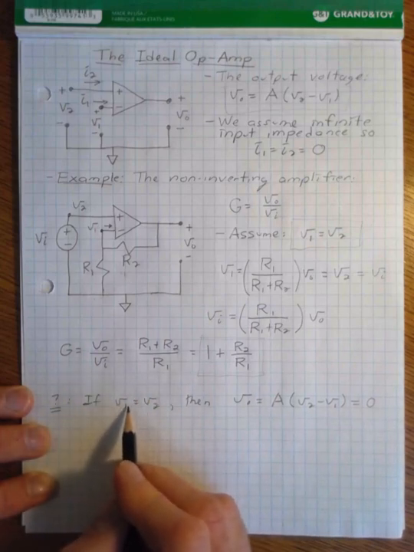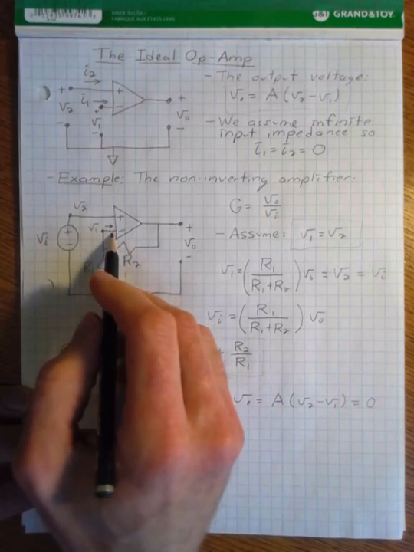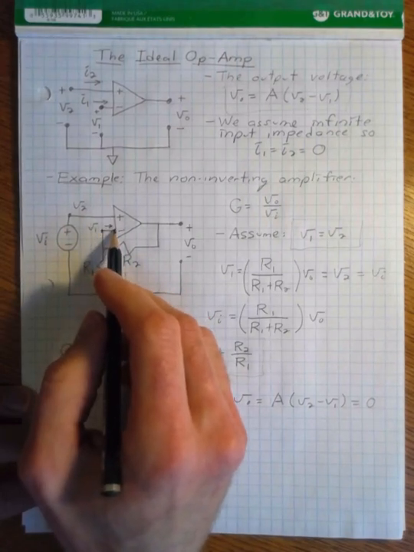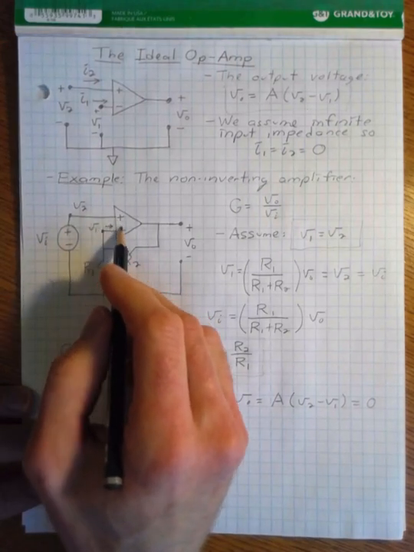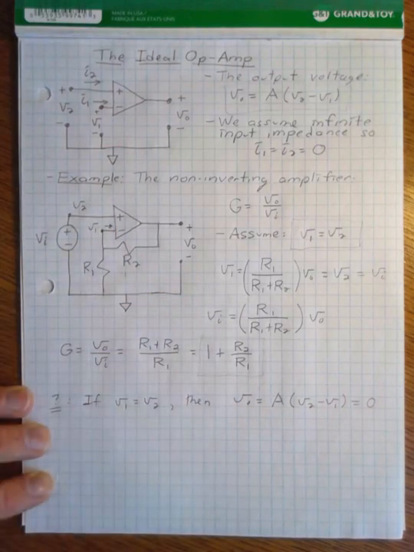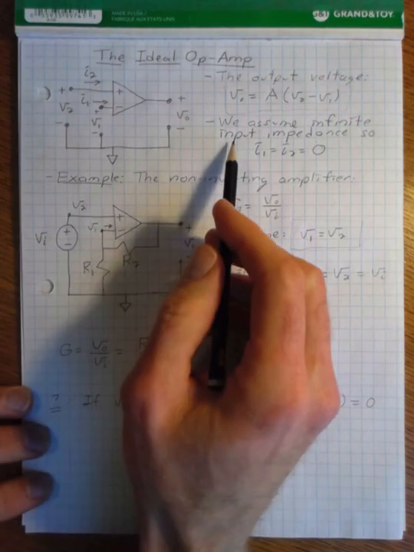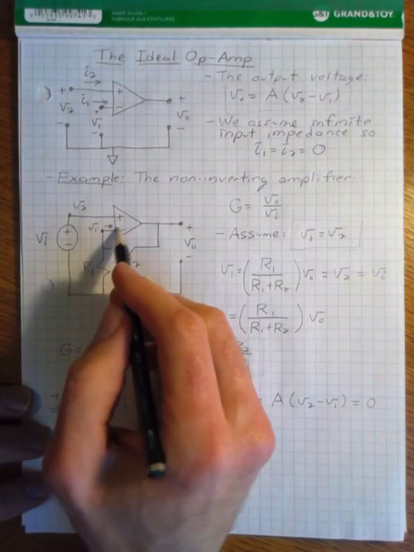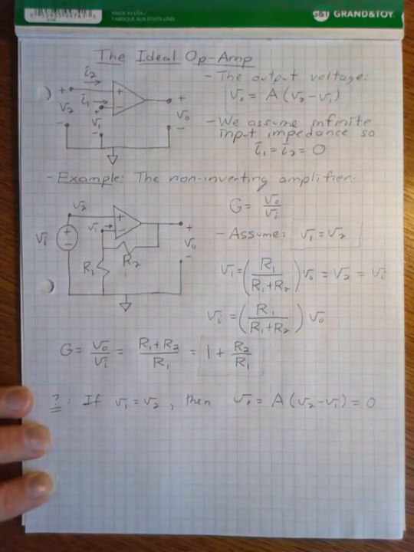So I guess if we wanted V1 and V2 to be the same, one way to design our circuit would be to short circuit these two terminals together inside the amplifier, and then the voltages would always be forced to be the same. But then we couldn't have infinite input impedance because these would be shorted together.